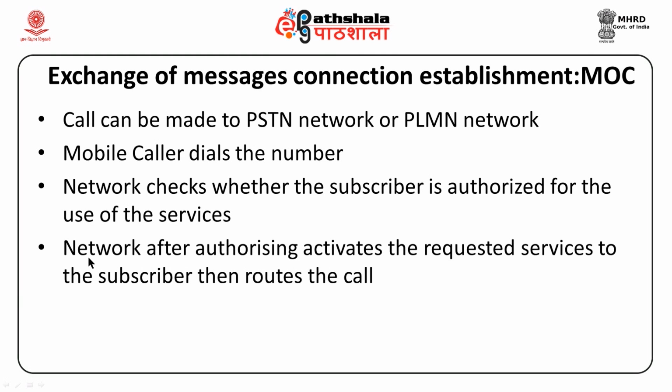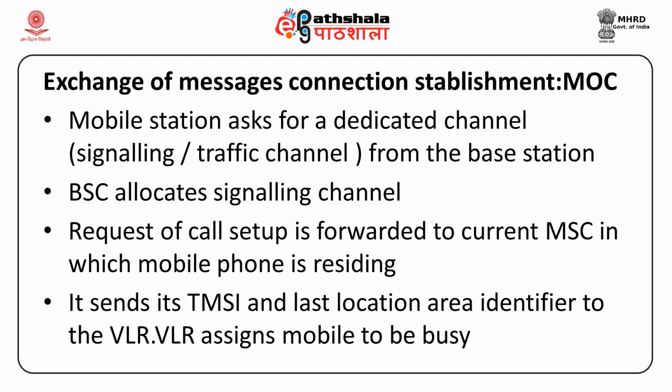After knowing that it is authorized, it activates the requested services for the subscriber and then it routes the call. The mobile station asks for a dedicated signaling or traffic channel from the base station. If available, the BSC allocates the signaling channel. Here also, the traffic channel might be allocated afterwards.